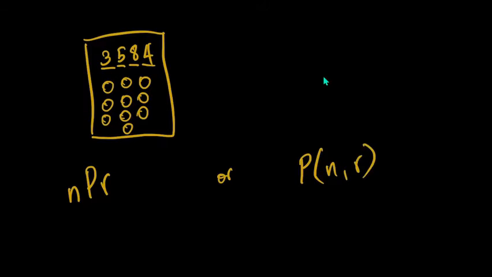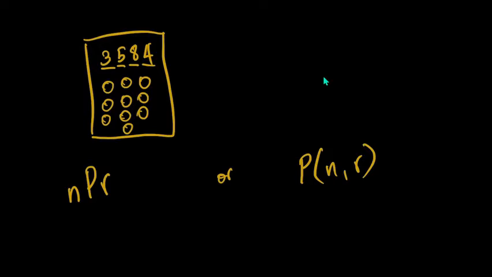Both of these are symbols for permutations, and a permutation just means the number of ways of selecting r objects and assigning them to r different kinds of jobs from a total of n different objects.